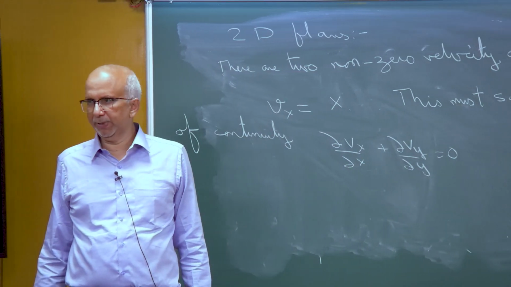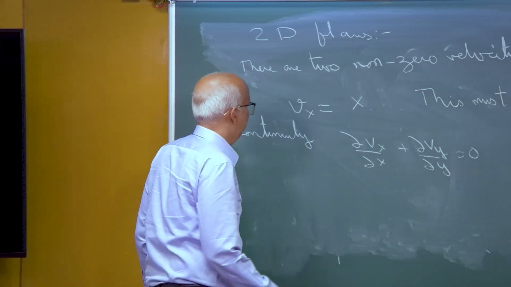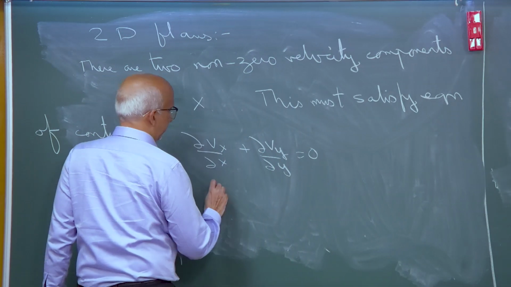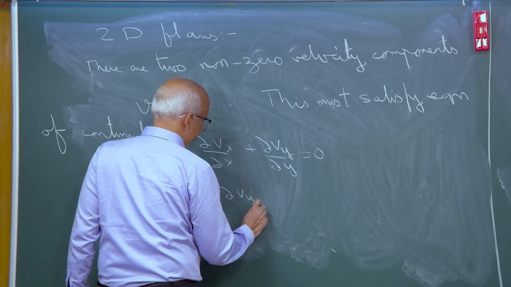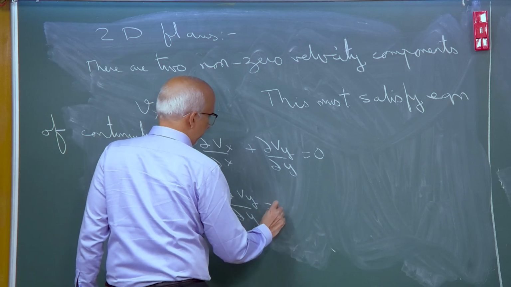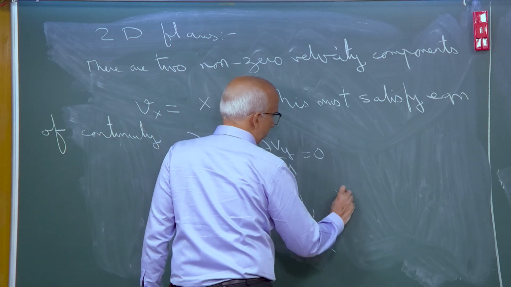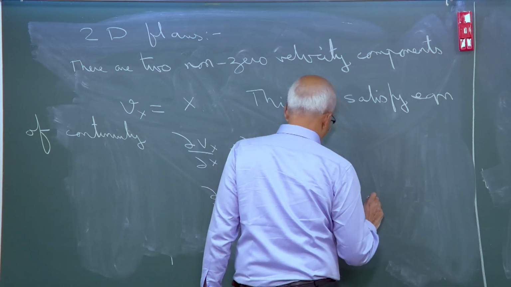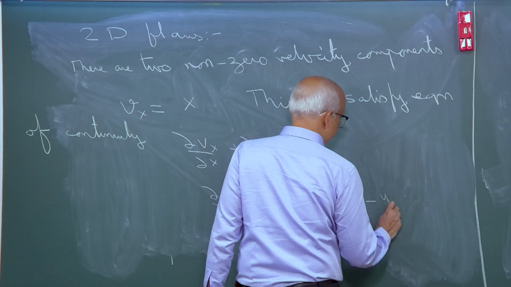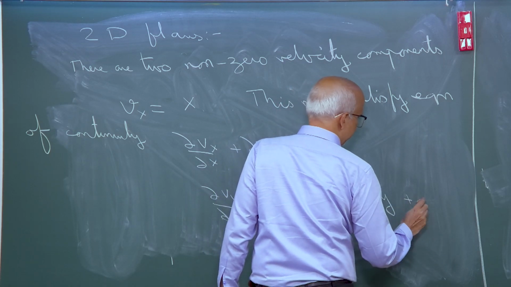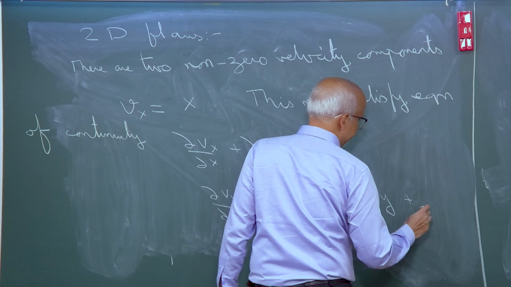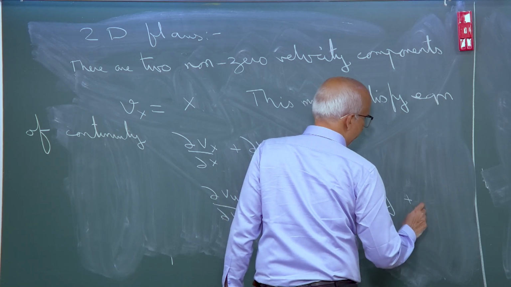So, what is dvx by dx? dvx by dx is 1. So, this implies dvy by dy equals minus 1, or vy is equal to minus y plus some constant which could be a function of x, but depending on the boundary condition only I will get.